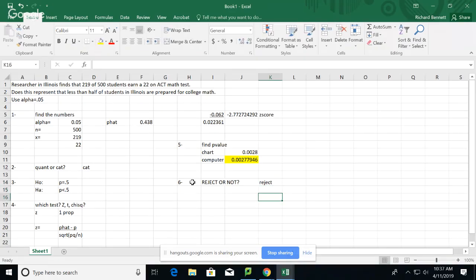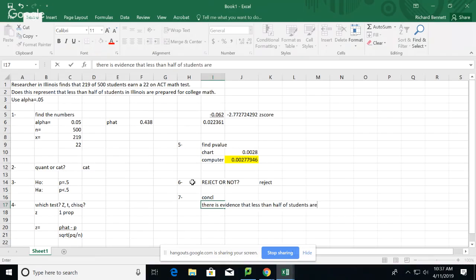Okay, and so, Lindsay, the conclusion is that there is evidence that less than half of Illinois students are prepared for college math.